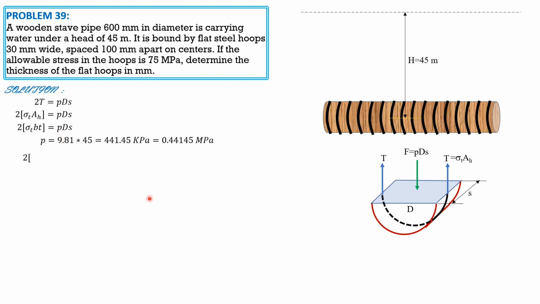Substitute into the formula: 2 times 75 megapascals times 30 mm times thickness in mm is equal to 0.44145 megapascals. So cancel. 30 is in mm, thickness is in mm, so that's why the diameter must be in mm, and the spacing must also be in mm. So that's consistent. Thickness therefore must be in mm. Using the calculator, thickness is 5.886 mm.